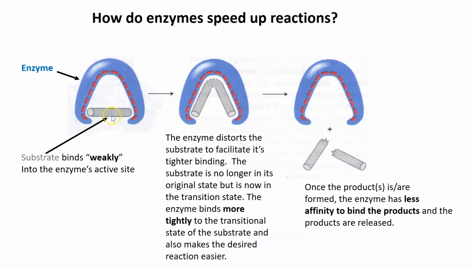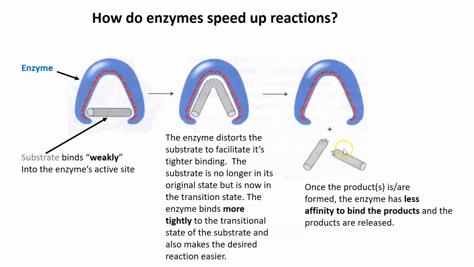Now this substrate here binds tentatively, but when it forms into this distorted state, the substrate actually has better binding affinity for the active site. Because it binds much more tightly, it's held in that position much better, and that bond can be broken.